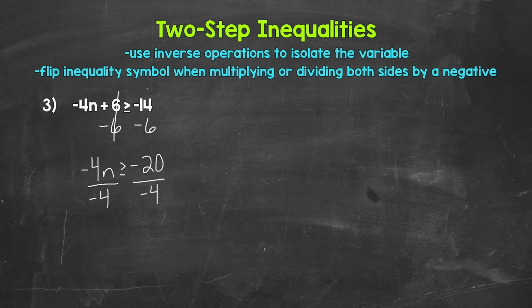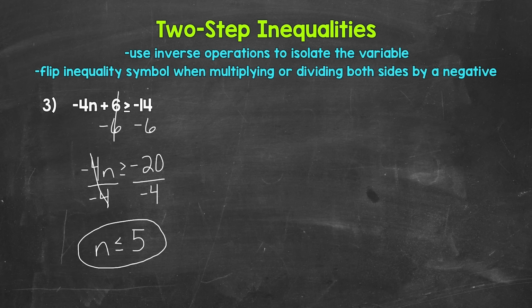Now on the left, these negative 4's cancel each other out, so n is now isolated. Then the inequality symbol flips, and then negative 20 divided by negative 4 gives us positive 5. So n is less than or equal to 5. And that's our answer. So n can be any value less than or equal to 5.